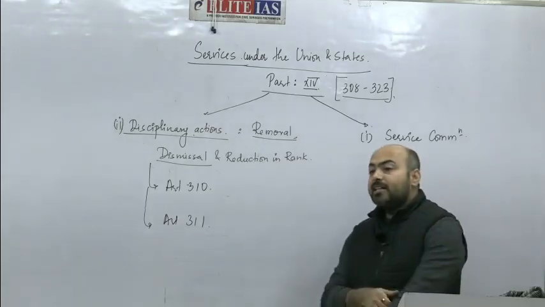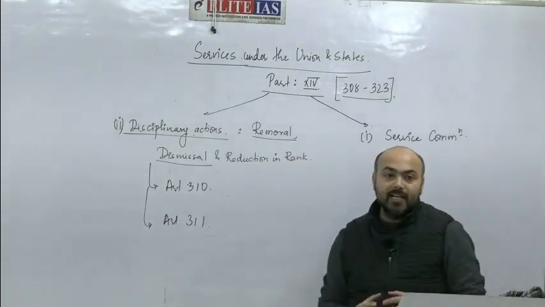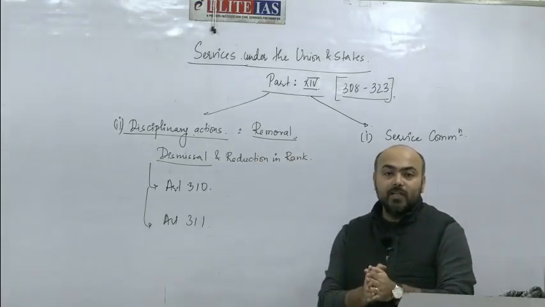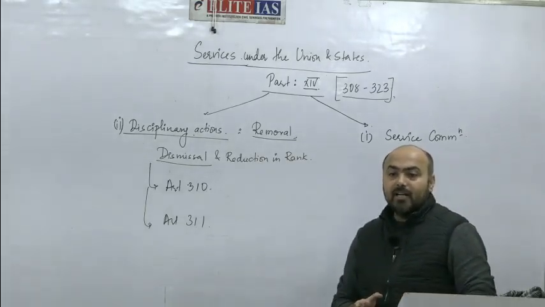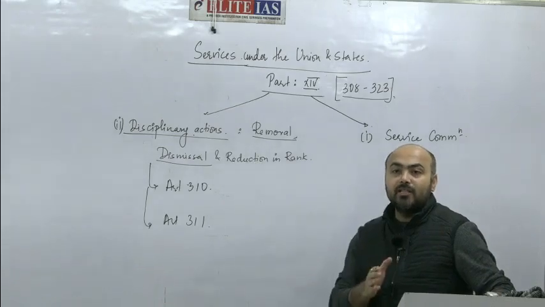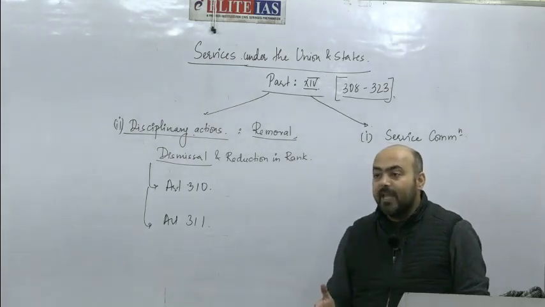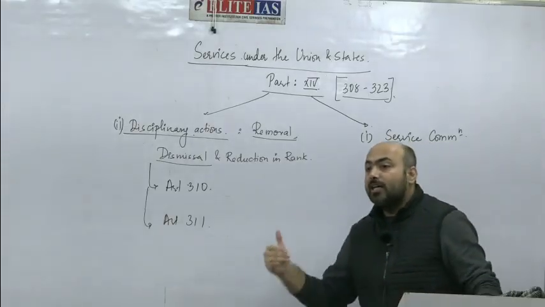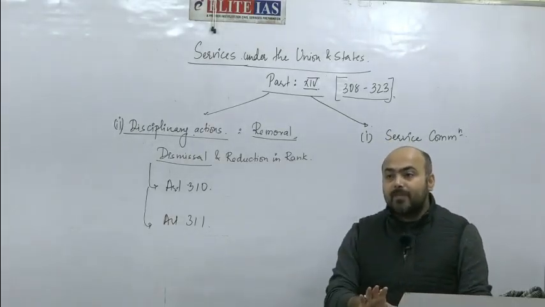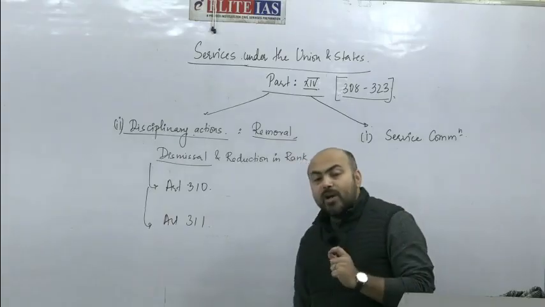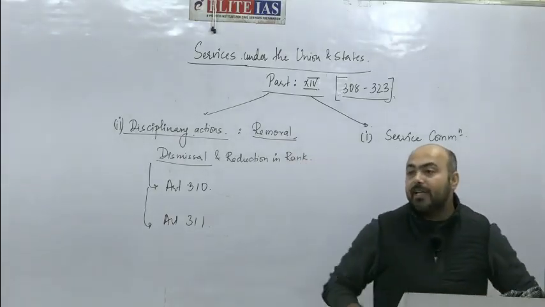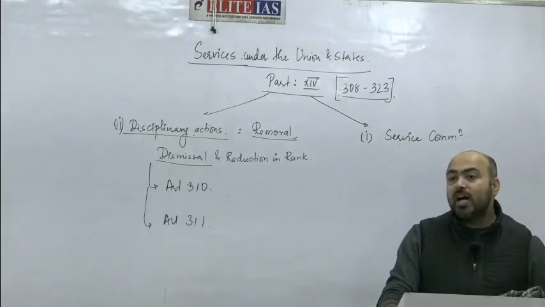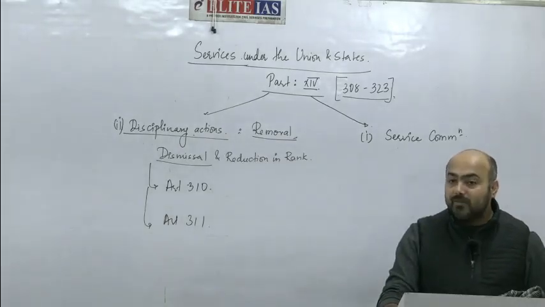Article 310 of the Constitution says that an individual who is appointed in the service of the government, under the union government or under the state government, will work at the pleasure of the President or the Governor, as the case may be. Which means if you are employed under the state government, you work under the pleasure of the Governor.